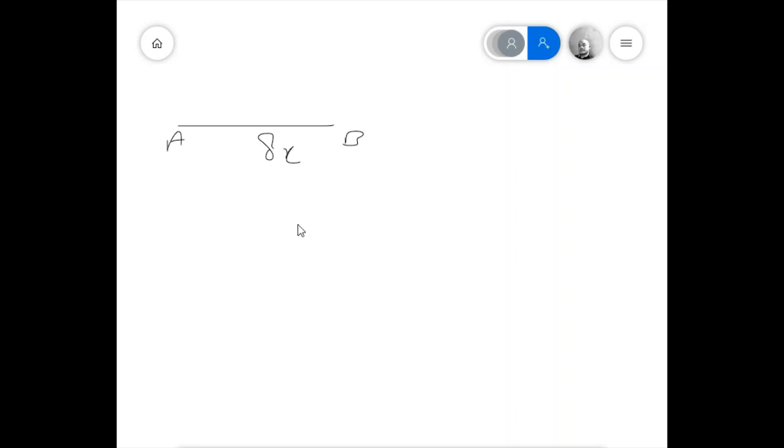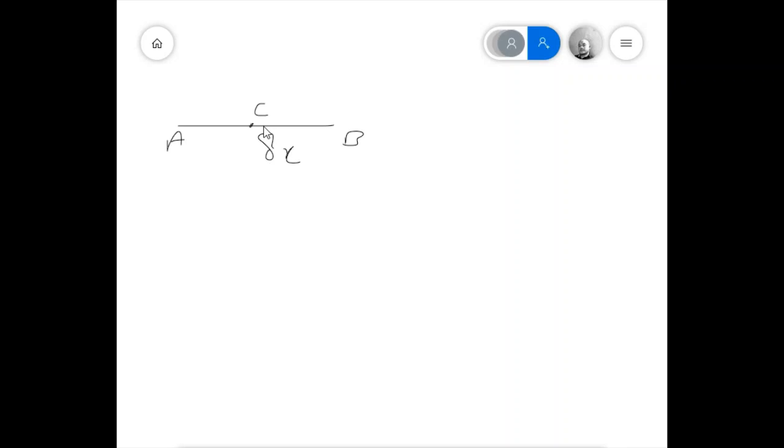Suppose C is any point in the line segment AB which divides AB into two equal parts, that is AC and CB.